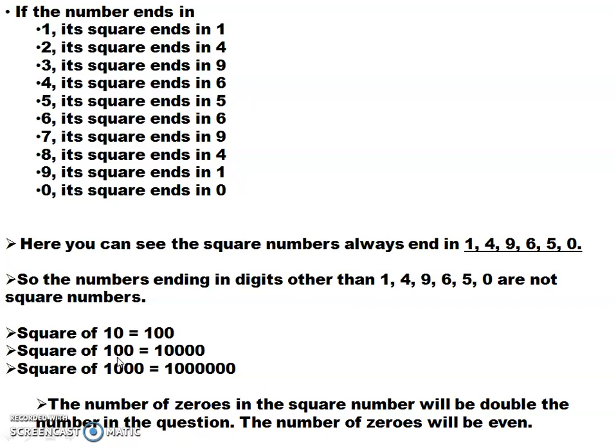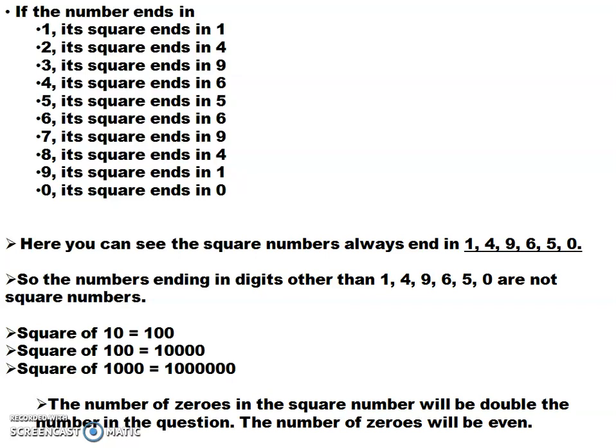If it is 100, your answer will have 4 zeros. If it is 1000, your answer will have 6 zeros. That is, the number of zeros in a square number will be even: 2, 4, 6. You will not have an odd number of zeros in a perfect square number.